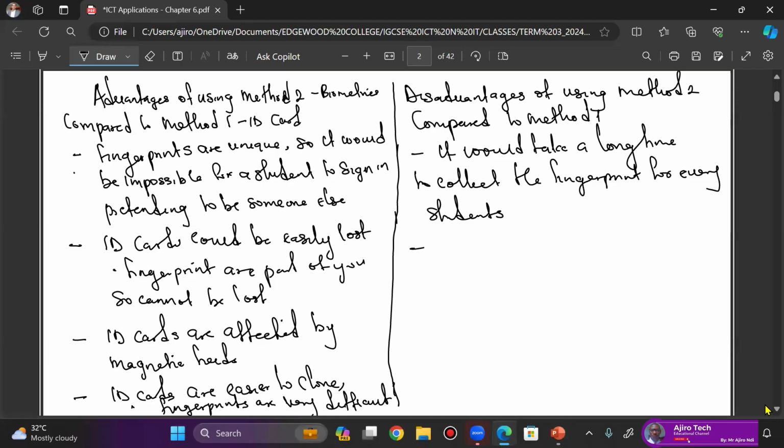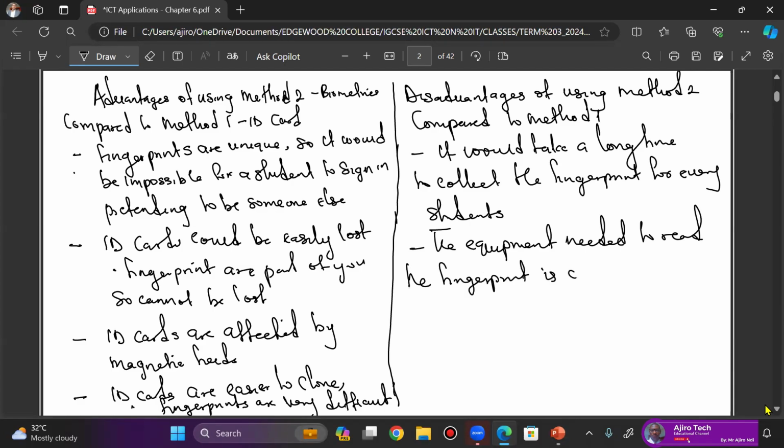You need to have equipment to do biometrics. So the equipment needed to read the fingerprint is expensive. You need to take note: the equipment needed to read the fingerprint is expensive.